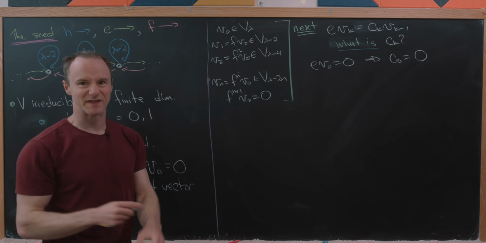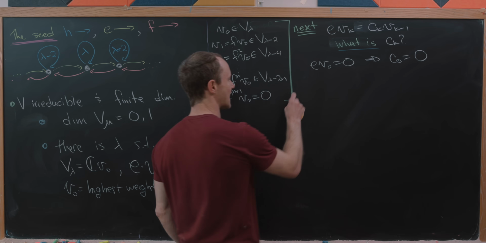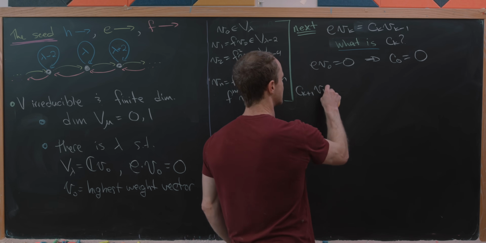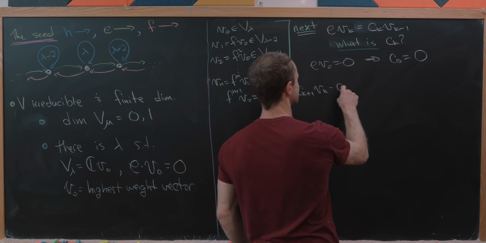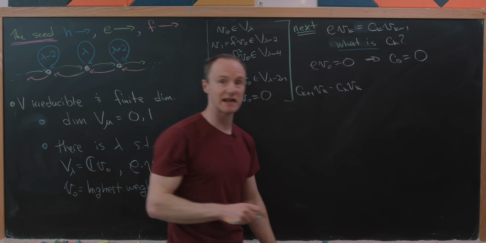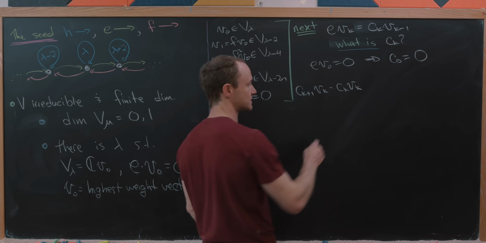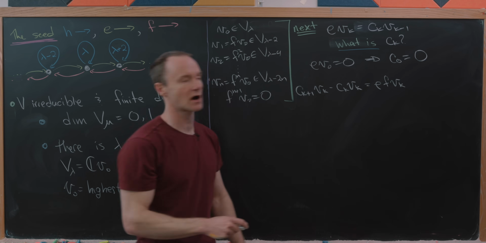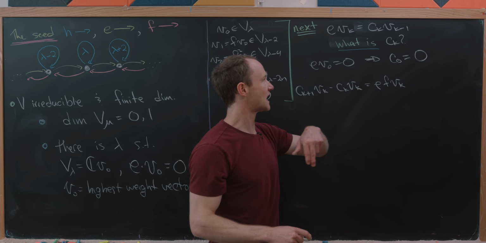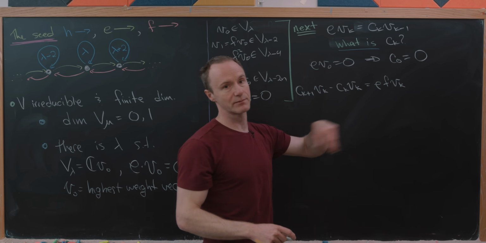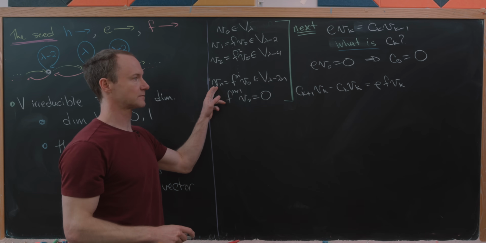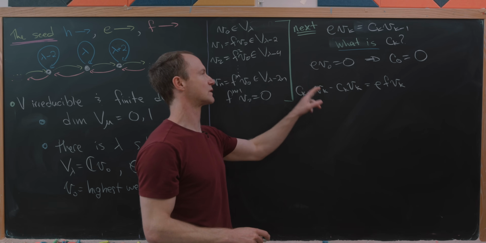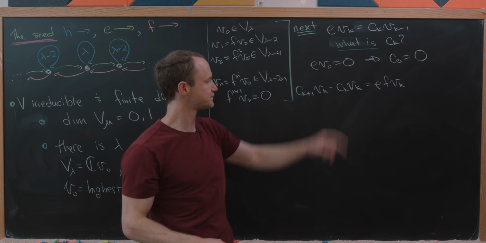But then we can also look at this equation, which will be very telling, and that is if we take ck plus 1 times vk, and we subtract ck times vk, and expand those out as follows. So this is going to be EF times vk. Let's talk our way through that. F times vk is going to be vk plus 1 by what we have over here. And then if we apply E to vk plus 1, we'll get back ck plus 1 vk by this formula right here.